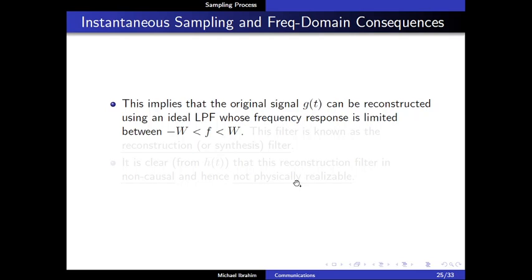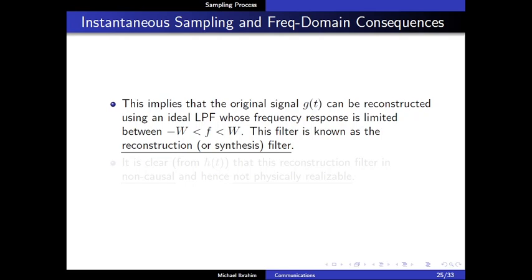This implies that the original signal can be reconstructed from the samples we have using a low-pass filter, given that the signal is band limited, of course, and the frequency response of the filter is between minus W and W. This filter is known as the reconstruction filter or the synthesis filter.